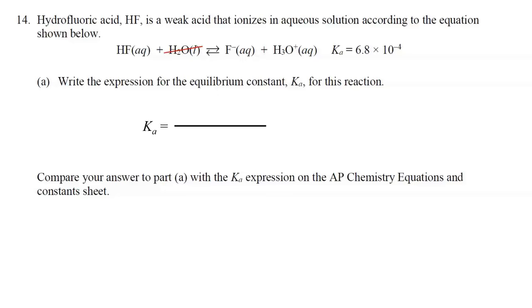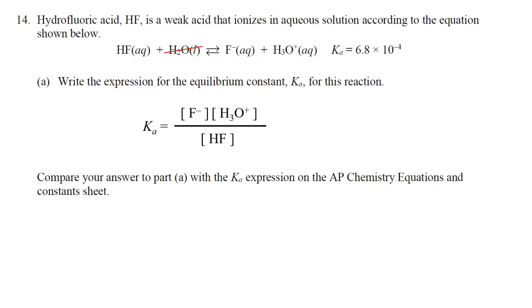So for this expression, products over reactants for Ka, it's going to be concentration of the fluoride ion F- times the concentration of the hydronium ion H3O+, and since water is not included in this expression, on the bottom will just be the concentration of hydrofluoric acid HF.